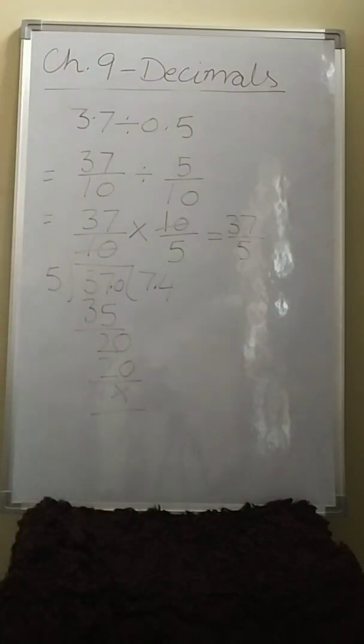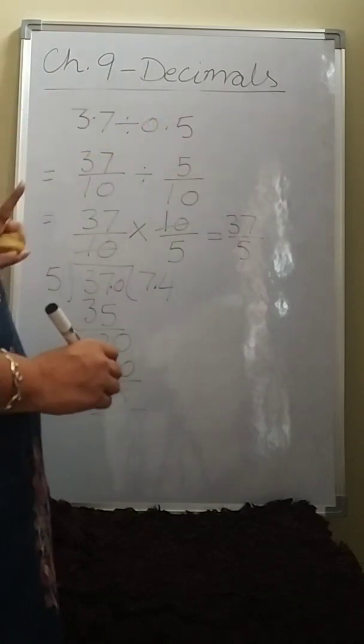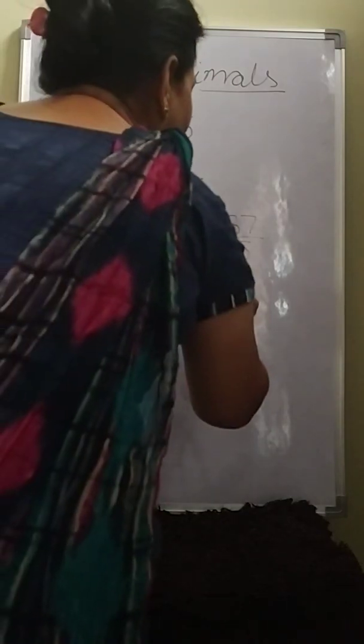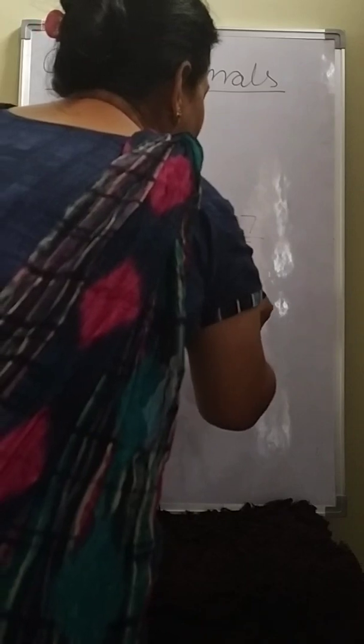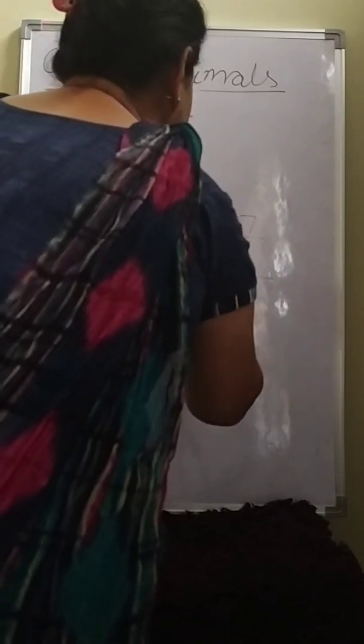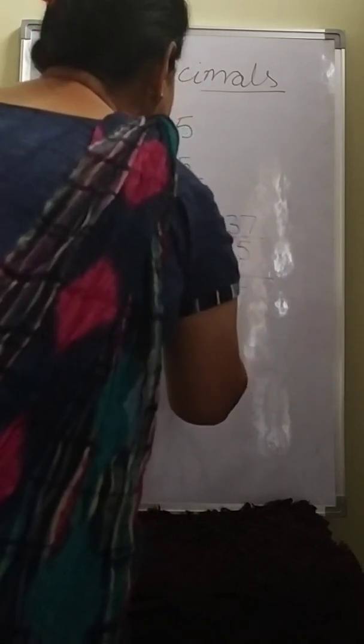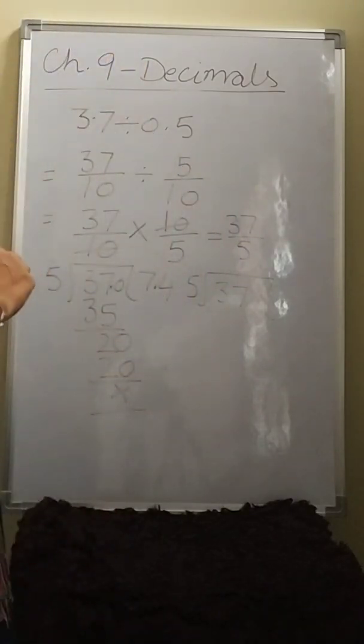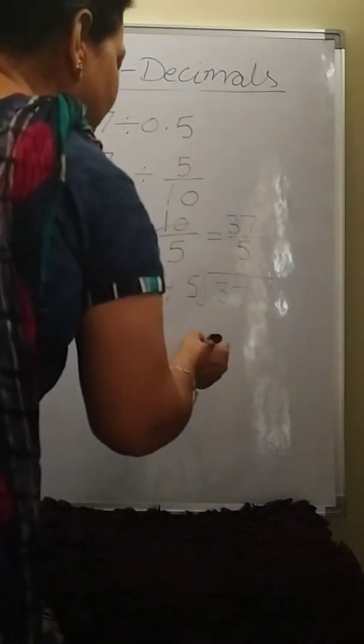In the other method, you ignore the decimals given in the question and simply divide 37 by 5 like this. 5 sevens are 35.